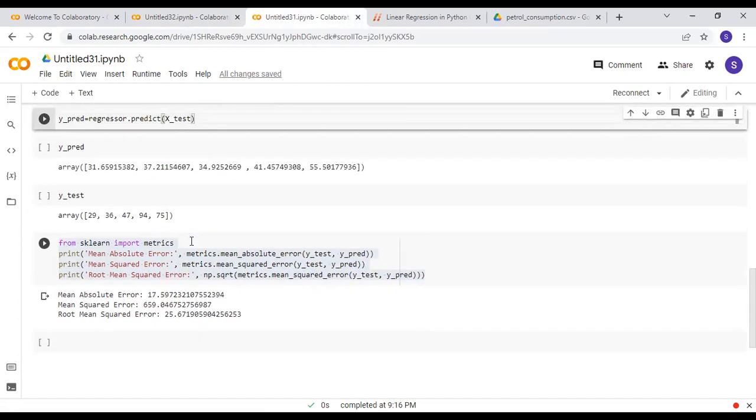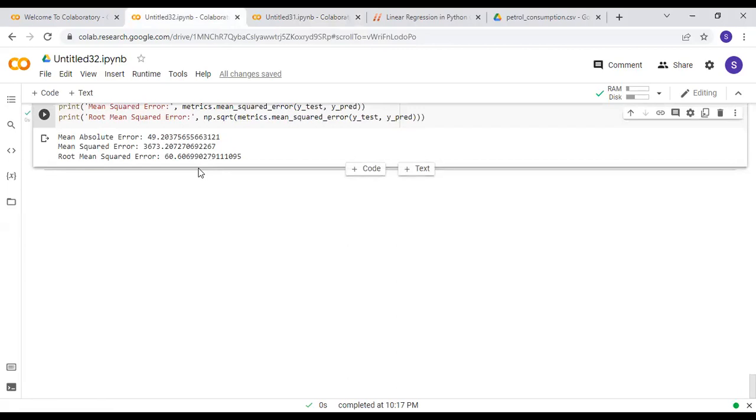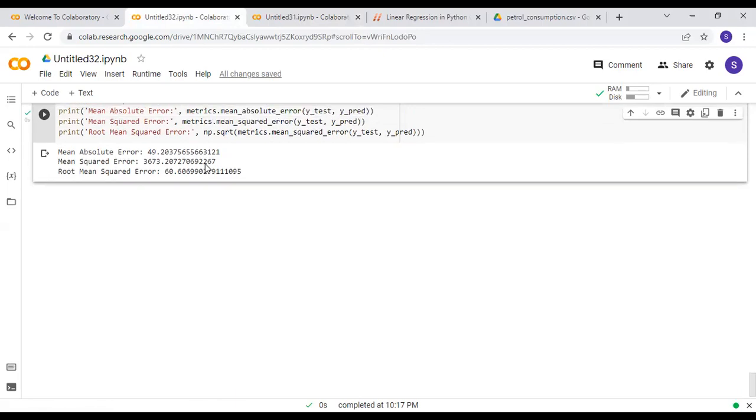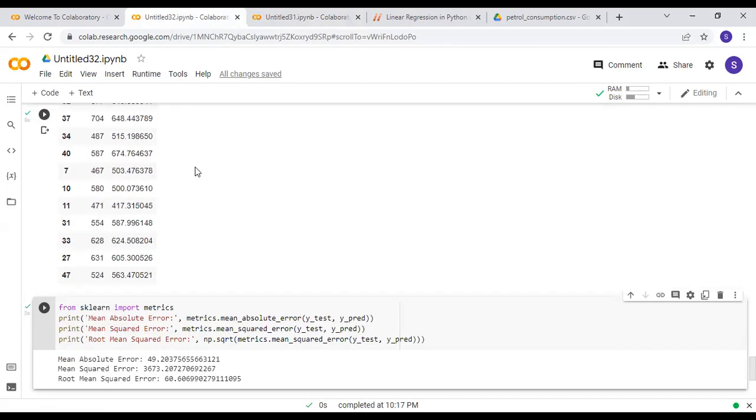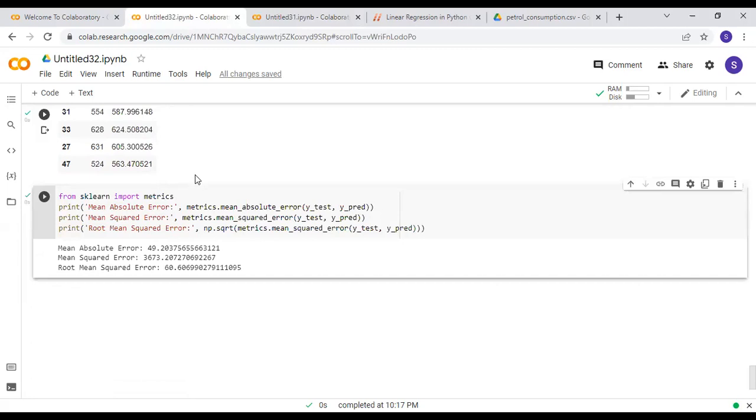So how accurate is it? If I say 60.60 divided by the actual value, 534, into 100, it gives near about 11.3, which is near to 12%.